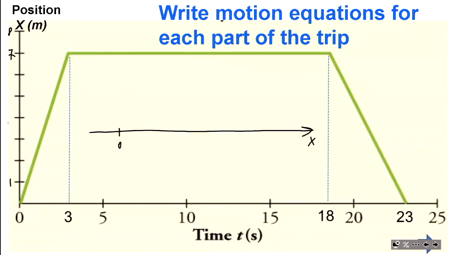For 3 seconds, it was traveling to the right until it reached 7 meters. And call it V1. What was happening between t equals 3 and t equals 18? The x coordinate remained the same.